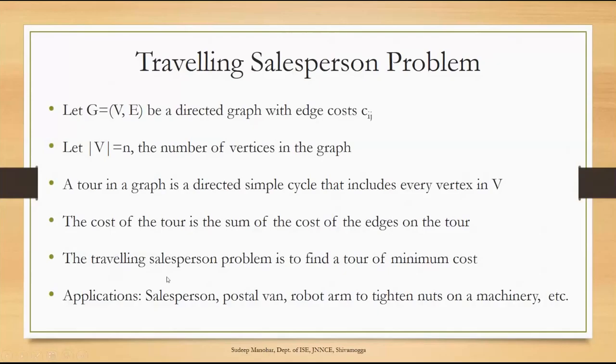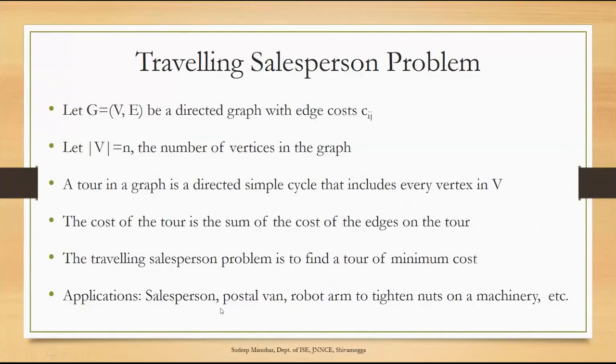What are the applications? One is that it may be used by the salesperson, so that he can come to know what is the minimum cost that can be incurred for the entire tour. And one more may be the postal van.